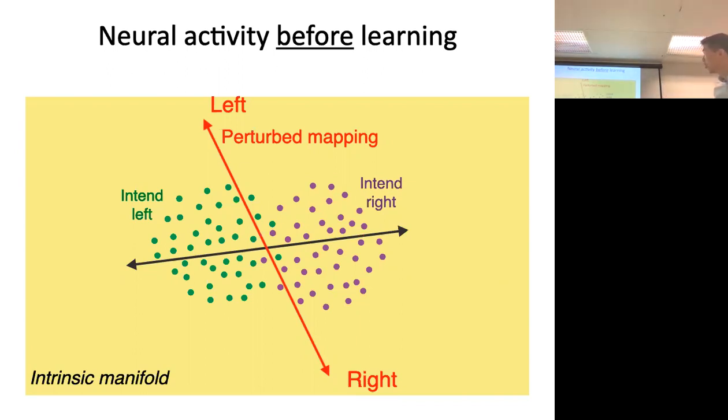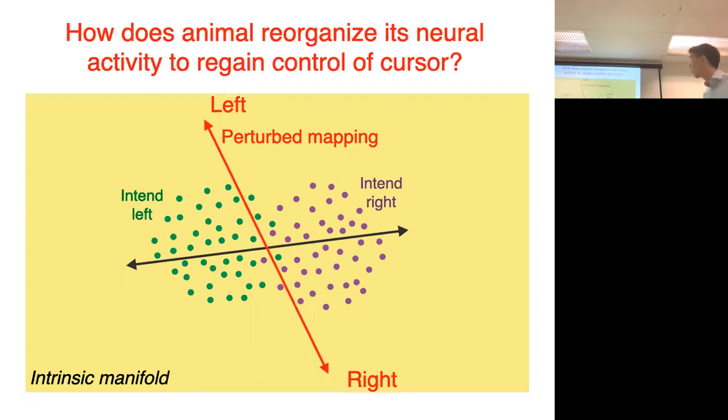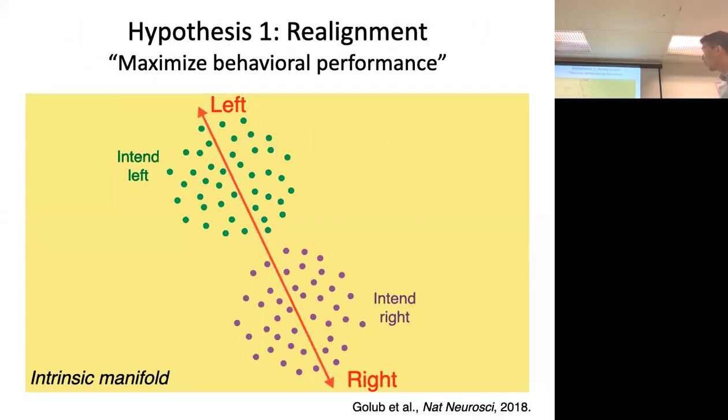So what we did was we defined 3 hypotheses of what could happen, and then we asked which of the 3 hypotheses was most consistent with the data. The first hypothesis is called realignment. You can think about this hypothesis as changing the neural activity in a way that maximizes the behavioral performance under the new mapping.